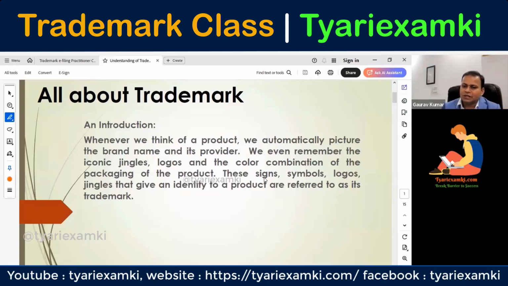A trademark is basically a sign, a symbol, a logo, or a jingle. Anything that could be a trademark. A sign could also be a trademark, a symbol could be a trademark, a logo could be a trademark, a jingle could be a trademark, or even a name could also be a trademark.